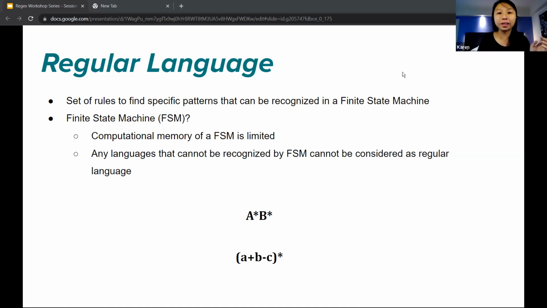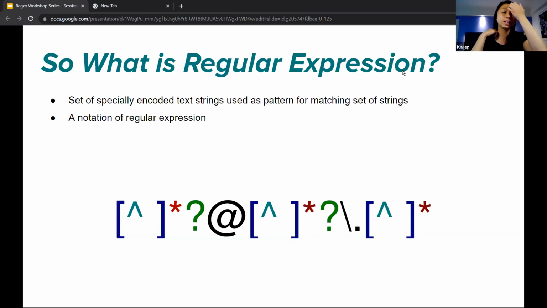Regular expression is born from regular language. So what exactly is a regular expression, or regex, as I would call it? It's a specially encoded text string that uses a pattern to match a set of strings to find something. It's a notation.